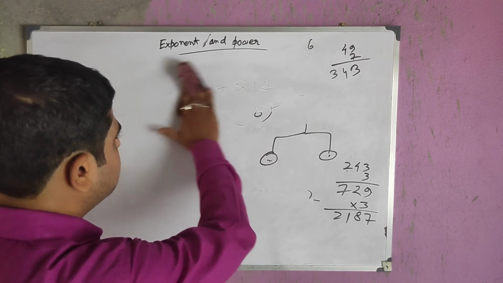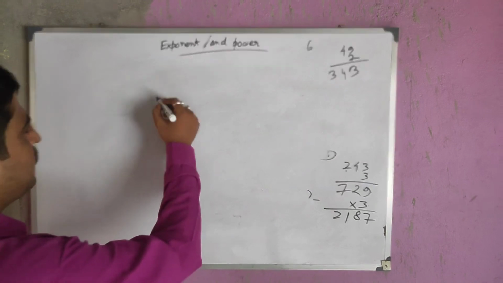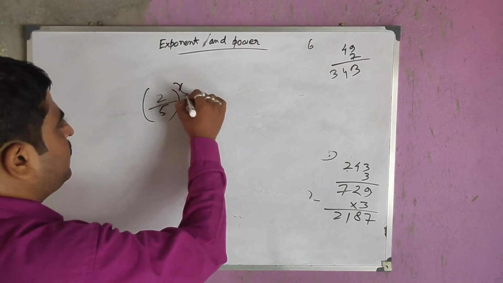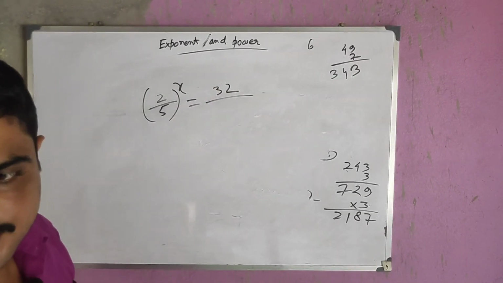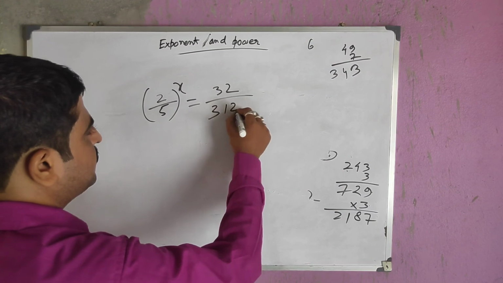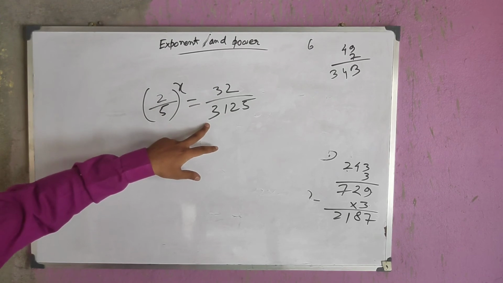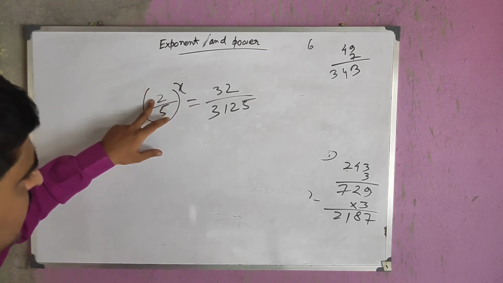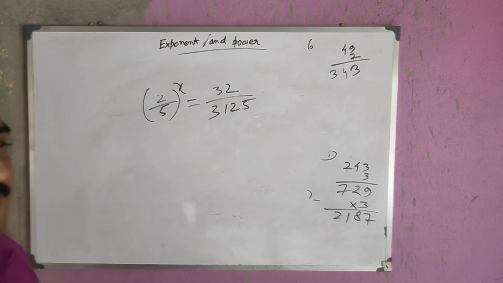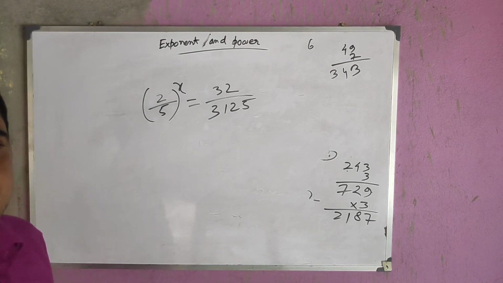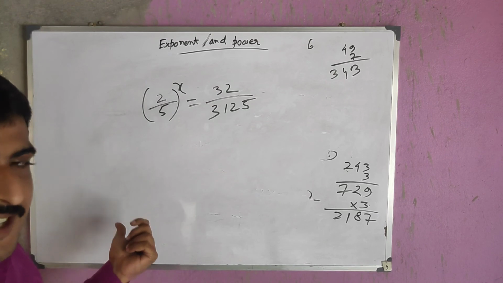Next, I am taking another example. 2 by 5 whole to the power x equals 32 by 3125. As in the numerator there is 32 and in the denominator there is 3125, and here also in the numerator there is 2 and in the denominator there is 5, you can understand that we have to factorize 32 in terms of 2, and 3125 in terms of 5.